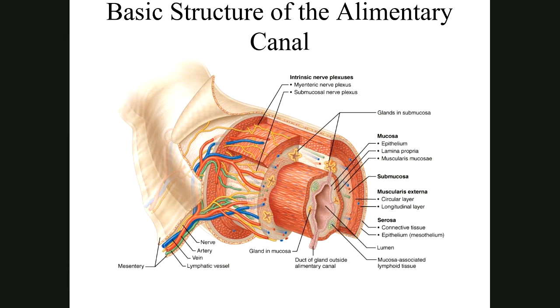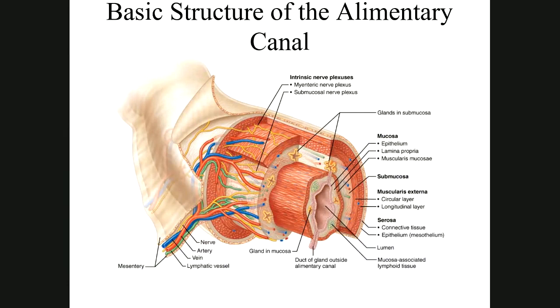it's a simple columnar epithelium with mucus secreting cells in most of the GI, gastrointestinal tract, except the mouth, the esophagus, and the anus.